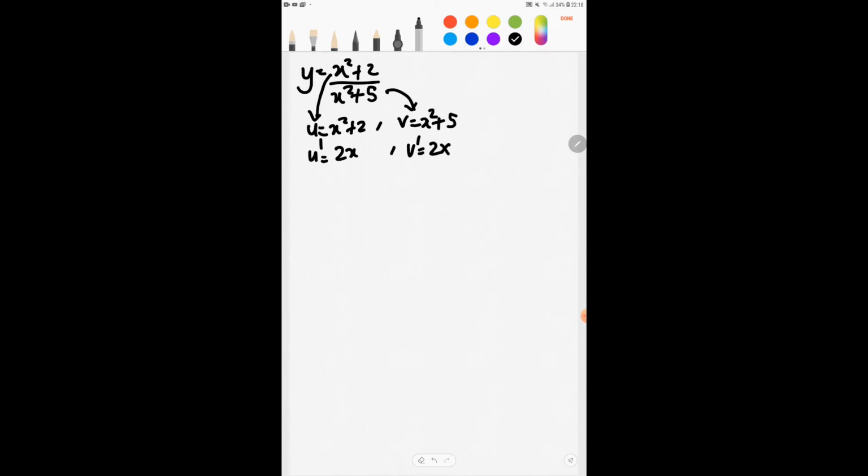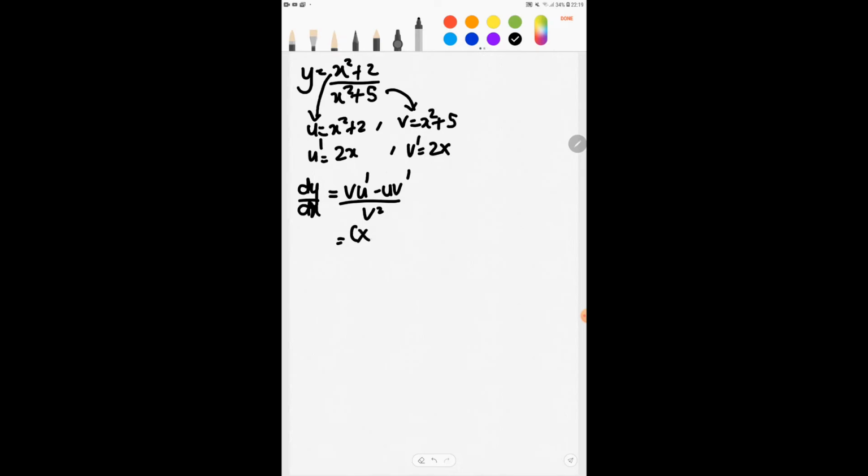Then since y is in terms of the quotient form, we use the quotient rule to find the dy/dx. So we write the formula as v u prime minus u v prime divided by v squared. We substitute the values for u, v, u prime and v prime.